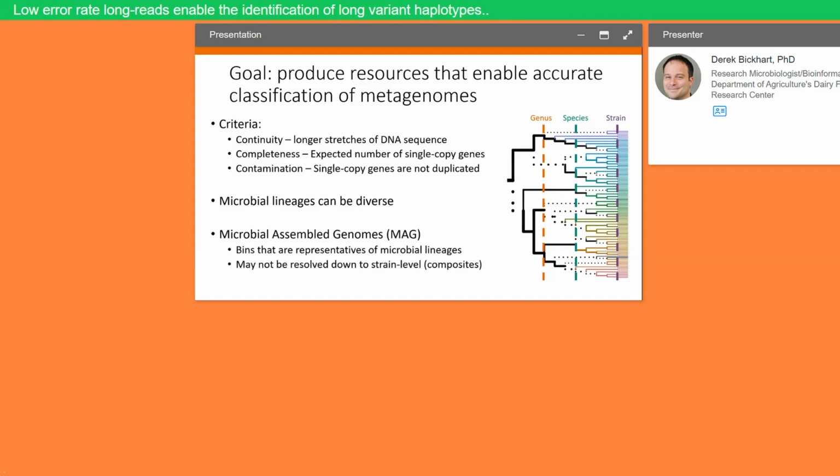In all practical purposes, though, when we finally create our final set of bins, which are typically termed microbial assembled genomes, they are composites of the lineage and are often not resolved down to the strain level. So in many cases, a MAG may be a composite of a species or even a genus in the end result.